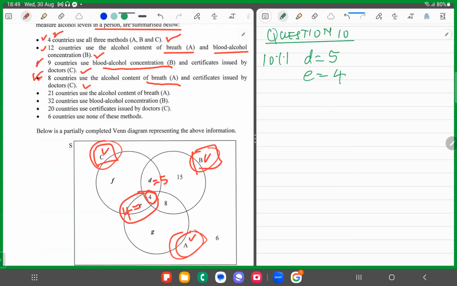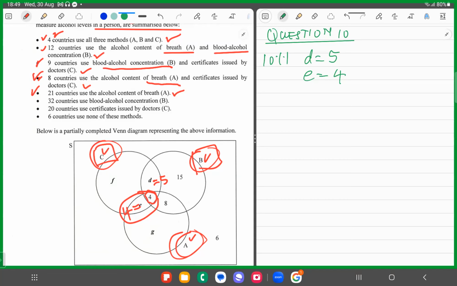Next, we're analyzing this question. 21 countries use the alcohol content of breath A. So everything in A must be 21.